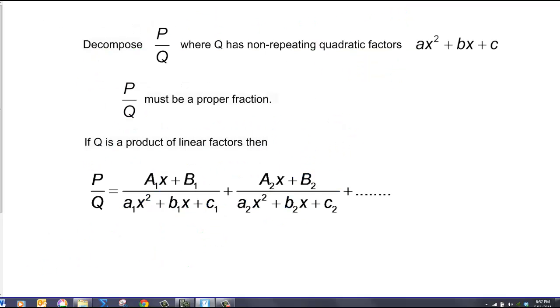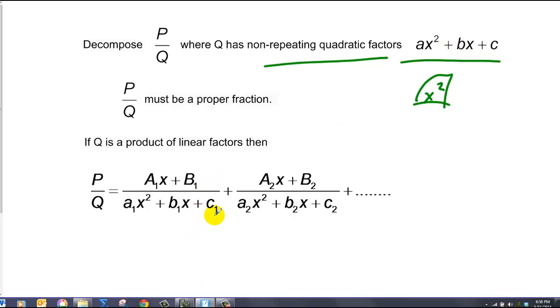So now we're going to look at a case where we have non-repeating quadratic factors. Quadratics come in the form of ax squared plus bx plus c. Notice the bx plus c is going to add greatly to this, because if I just have x squared, that's a repeated linear. I have to have the bx plus c in order to have a quadratic.